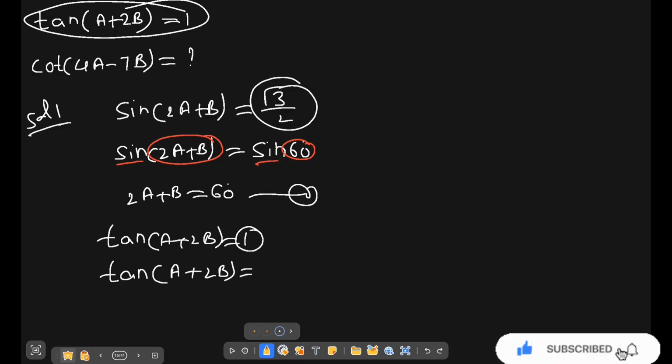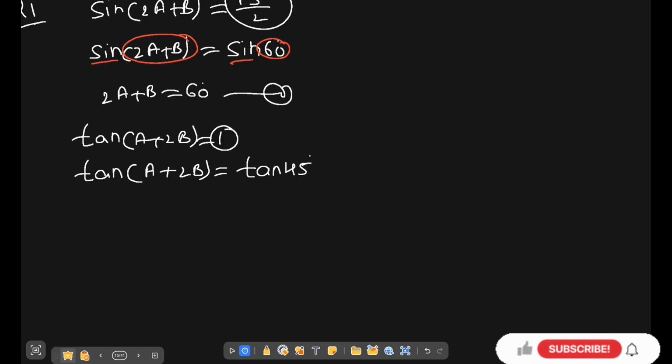So in place of this one we can write tan 45 degrees. If you compare left side and right side, what do we get here? A plus 2B is equal to 45. Let this be equation 2.